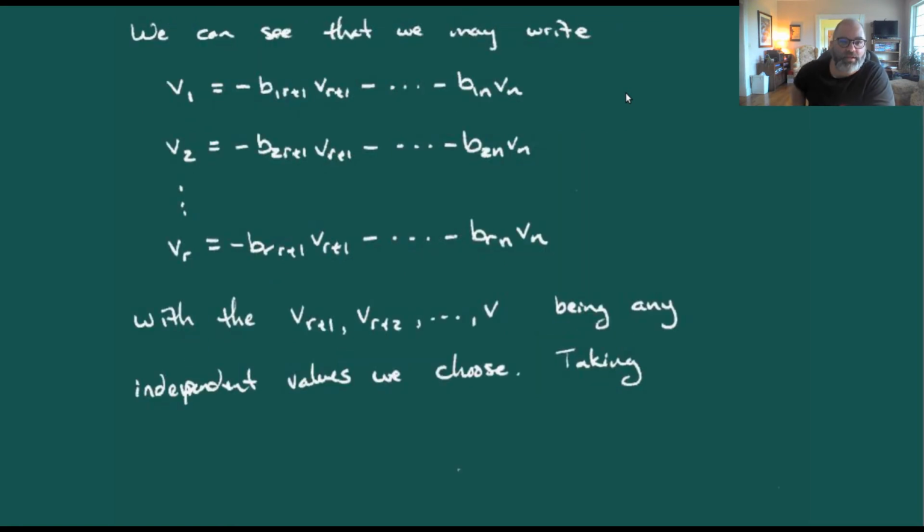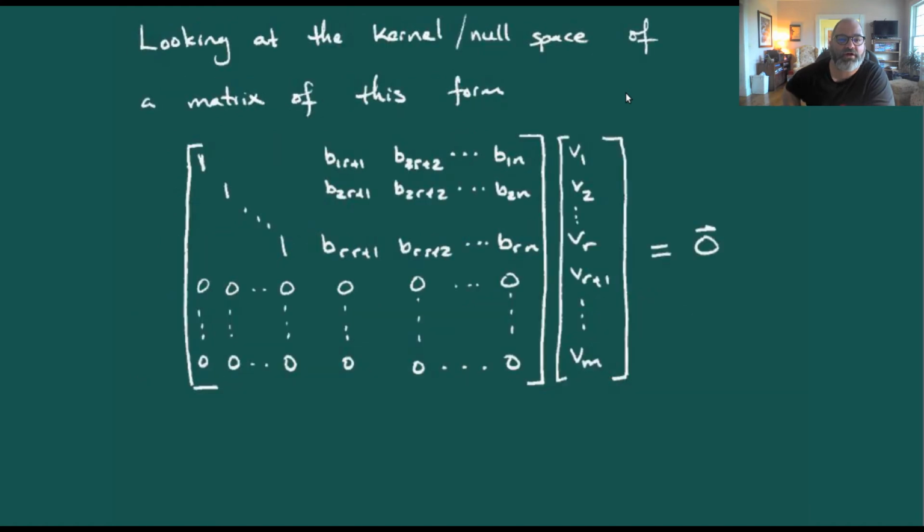Looking up at the top, these correspond to our v1, v2, all the way up to vr, because this is an r by r matrix.